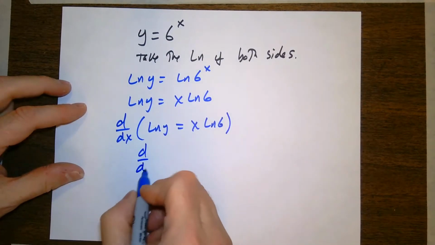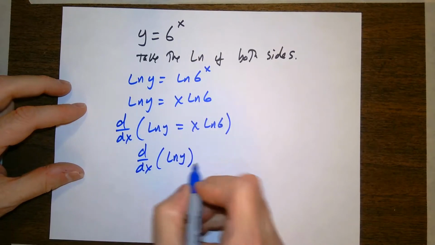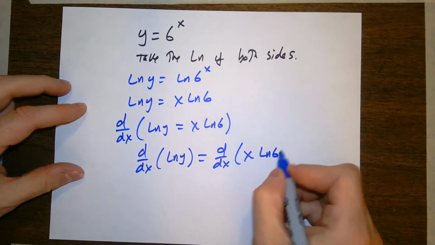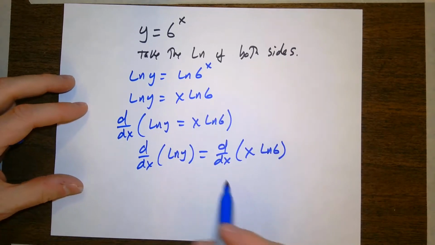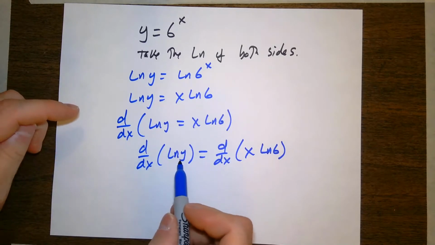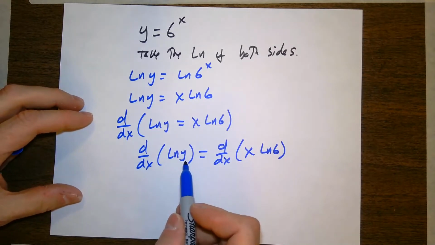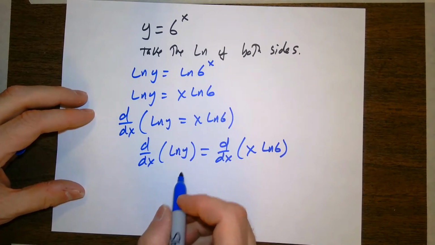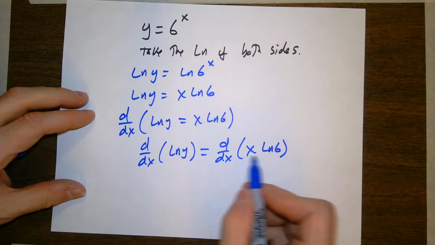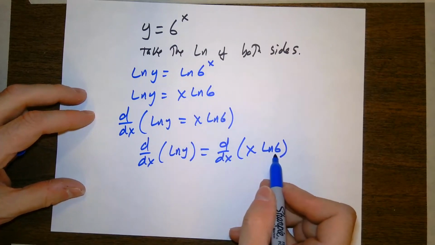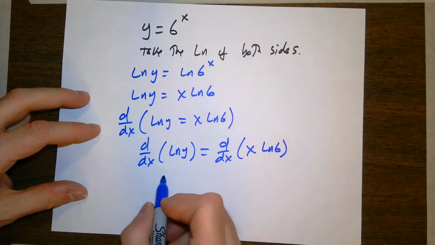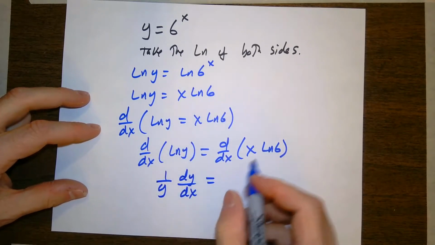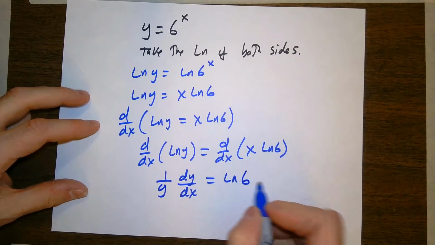So I'm going to have the derivative of the natural log of y equals the derivative of x times the natural log of 6. The derivative of the natural log of y is going to be, remember, natural log of 6 over here is a constant, so I'm going to have 1 over y dy dx equals the natural log of 6.